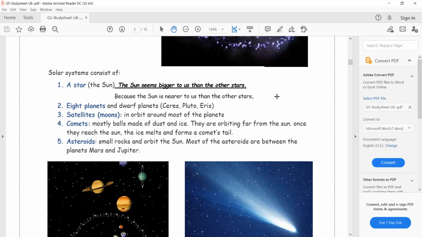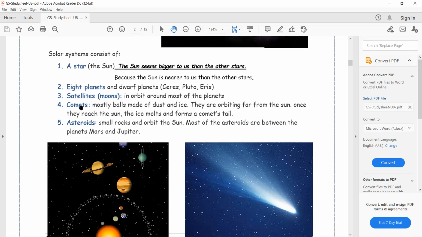Saturn has maybe about 62 moons, and so on. And other planets don't have any moons revolving around them, like Mercury and Venus.